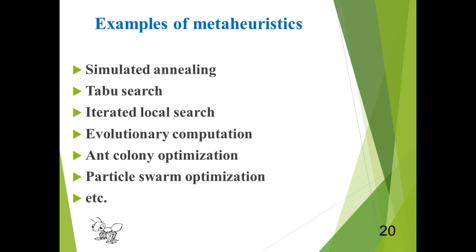Examples of metaheuristics: simulated annealing, tabu search, iterated local search, evolutionary computation, ant colony optimization, particle swarm optimization, and so on.